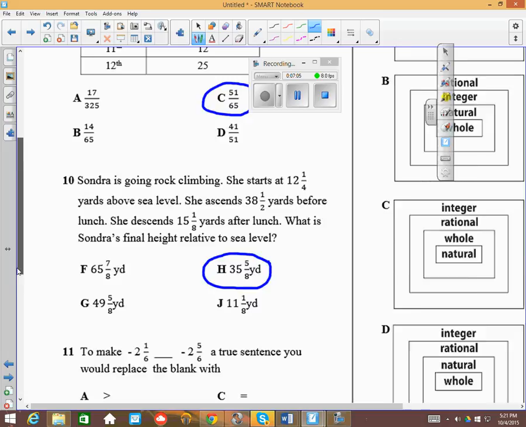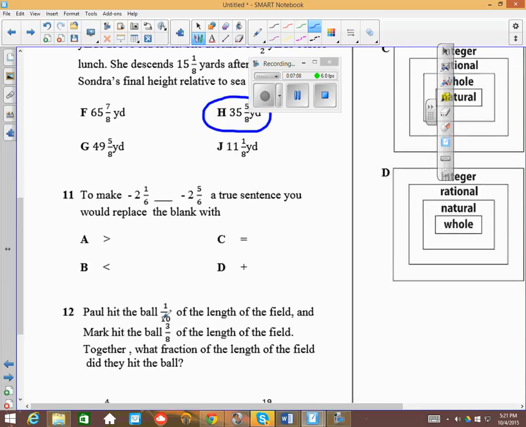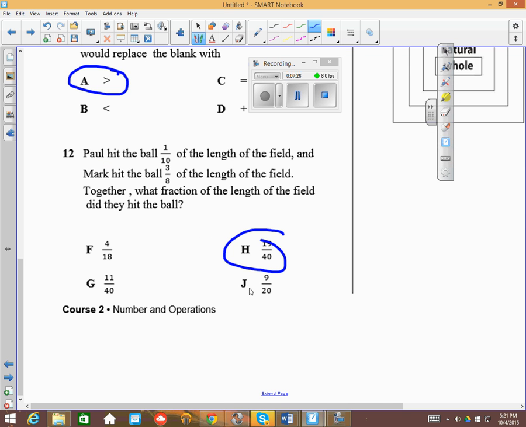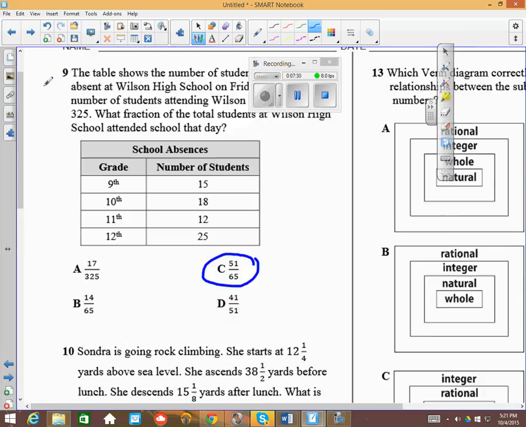And number 11. Which one is the larger? This is A, which is greater than. And number 12 is H. You had a chart you could use to get number 13. You shouldn't have gotten any of this wrong.